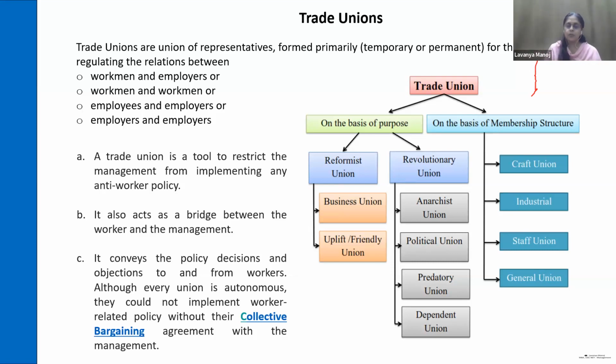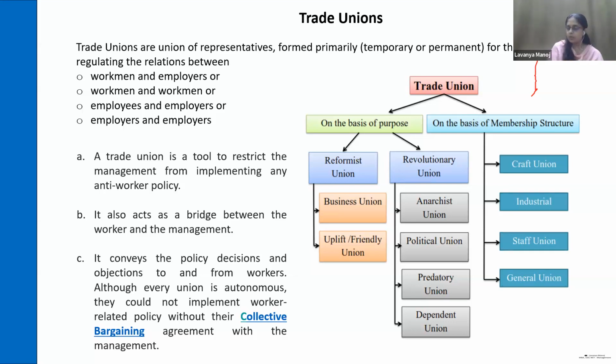Staff union refers to a union which exists in one particular organization, for that organization's staff. For example, there is a university with around 20 workers, 30 assistant professors, 10 senior professors, 4 HODs, one principal, and one vice chancellor.